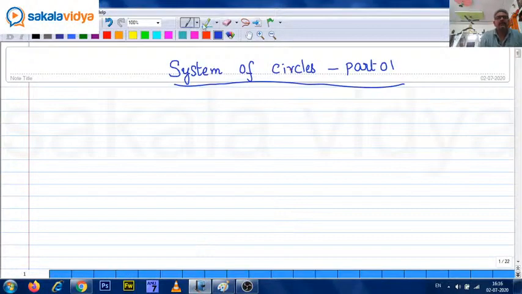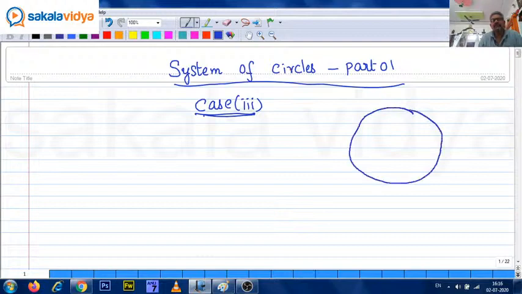Now you do one thing. You consider case 3. In case 3, for example, if one circle is like this, and the other circle is like this, you join the centers of these two circles.